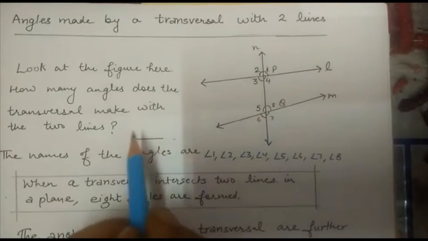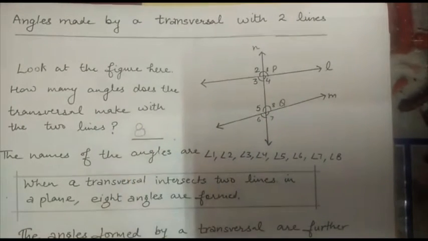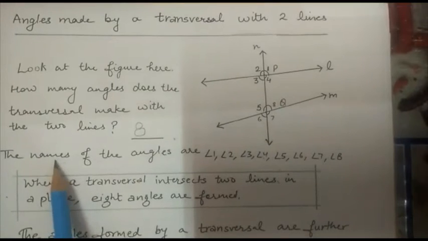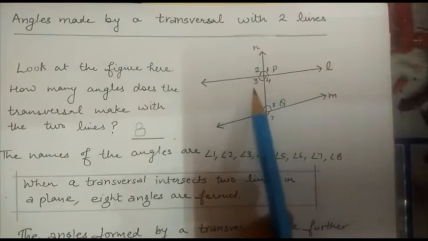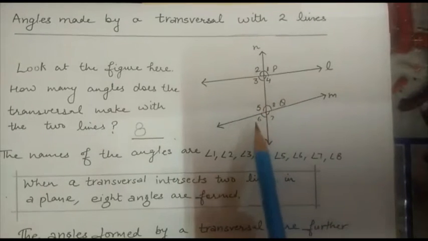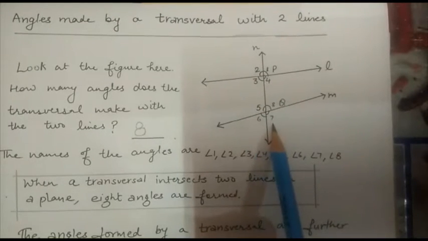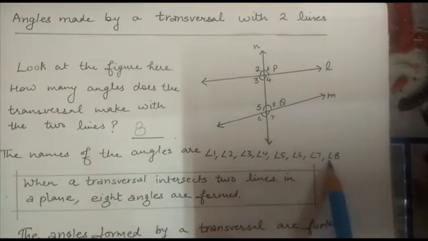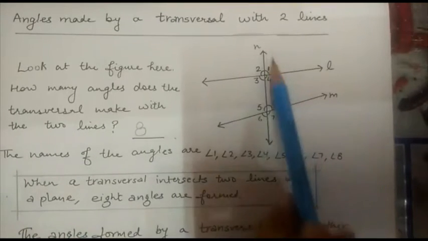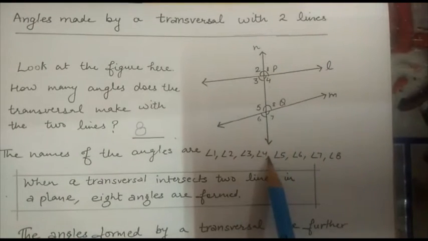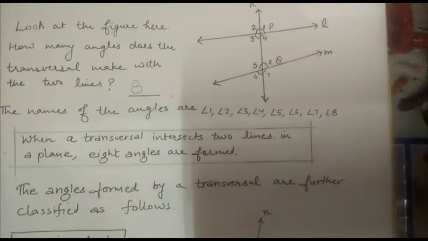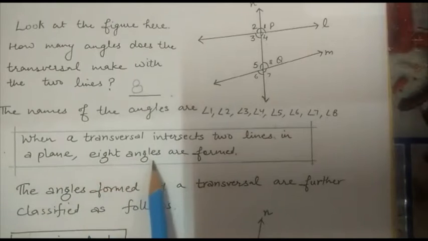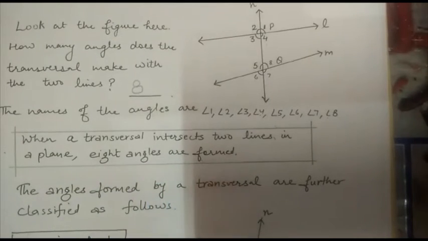Total 8 angles are formed here. Now the names of the angles are angle 1, angle 2, angle 3, angle 4, angle 5, angle 6, angle 7 and angle 8. Okay. Now when a transversal line intersects two lines in a plane, it means always 8 angles are formed.